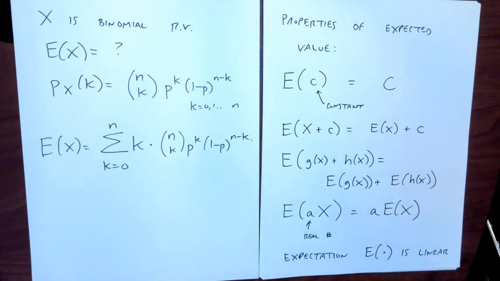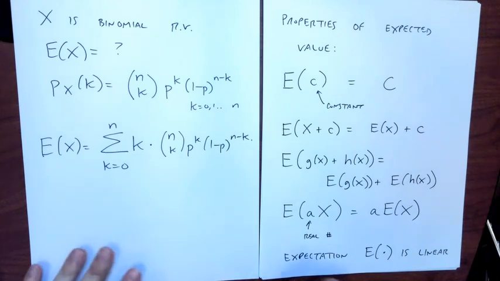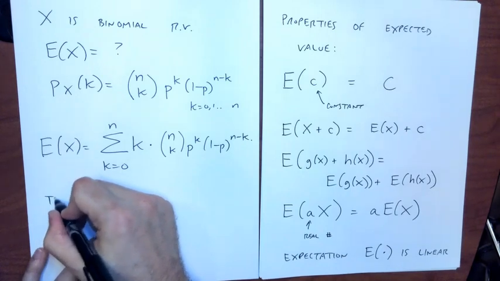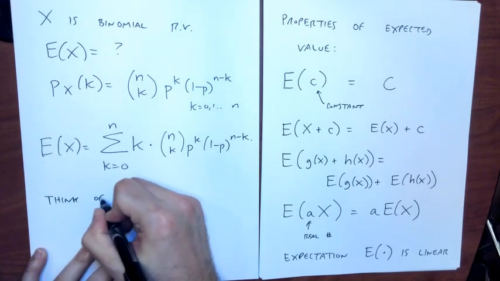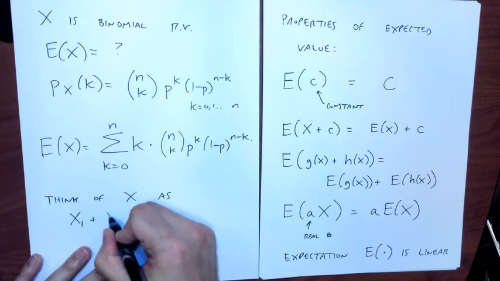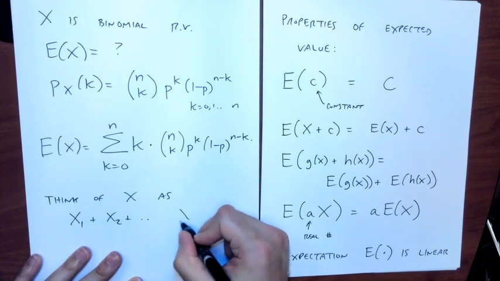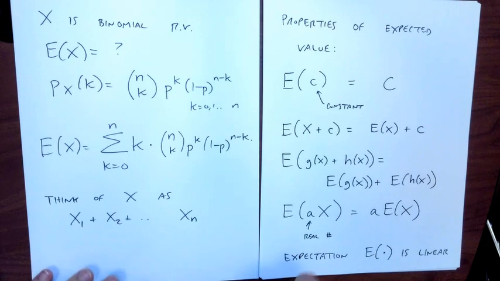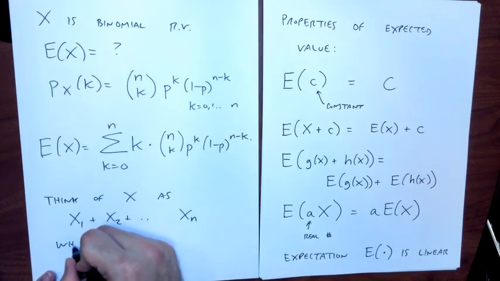What I'm going to observe now with my newfound linear power is that we can think of x as the sum of n Bernoulli random variables.